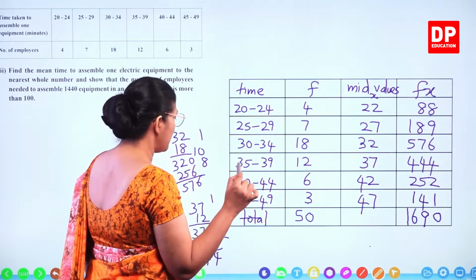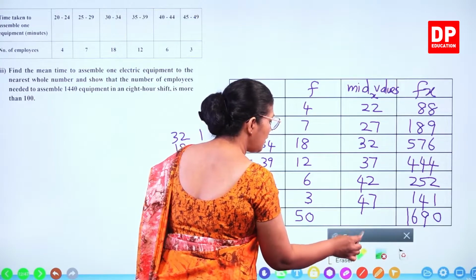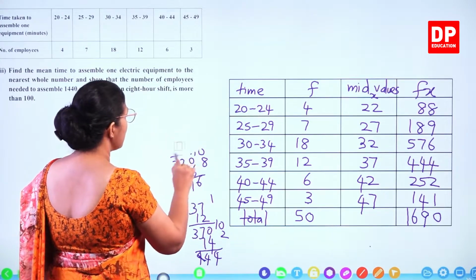So you can find the mean value using that. So let's erase all these calculations.